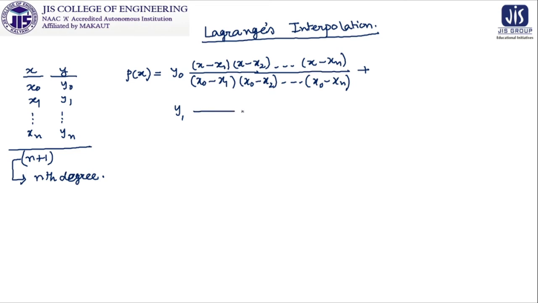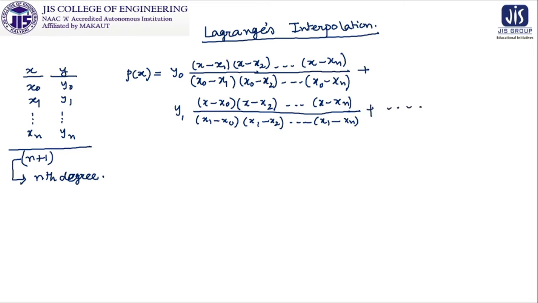There is a very beautiful symmetry present over here. So y1, then it is (x minus x0), then (x minus x2). When you are talking about y1, that means something corresponding to x1. x1 will not be there in the numerator, and in the denominator everything will be subtracted from x1. So (x1 minus x0), (x1 minus x2), because x1 minus x1 will not be there, and in the same manner (x1 minus xn).